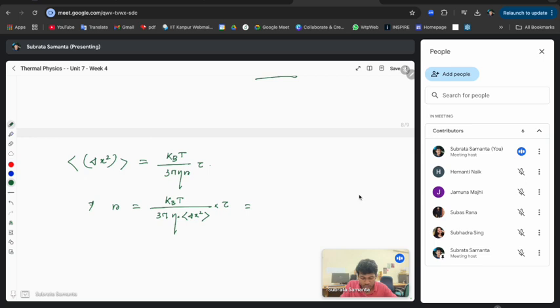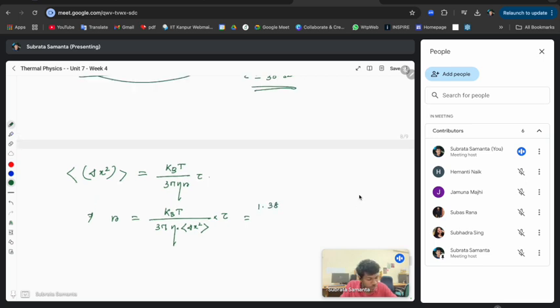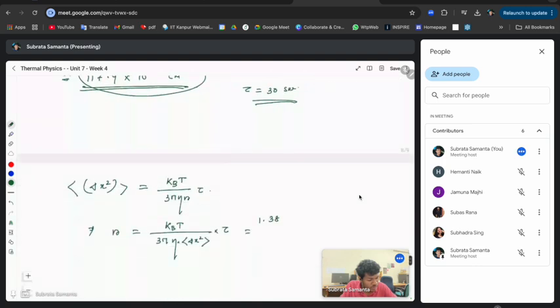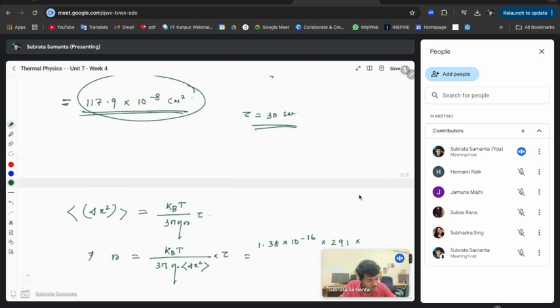So plug in these values. kB we know in CGS unit, so here I am also using CGS unit: 1.38 times 10 to the power minus 16, basically erg per Kelvin, and 291 is your temperature. And what is tau?